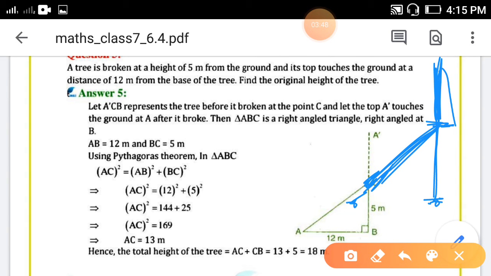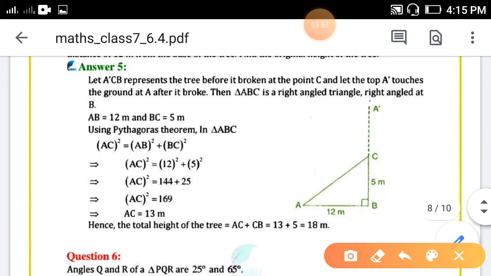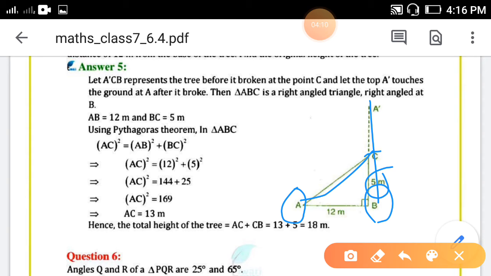From this point to here, it's 12 meter. Look at this figure. This is the tree. From 5 meter apart, this tree broke and fell down and touches the ground. So from this top to the ground, the distance is 12 meter.